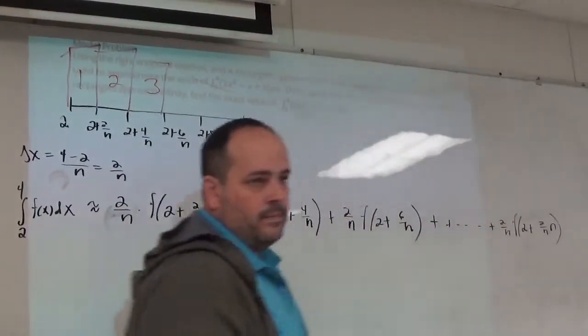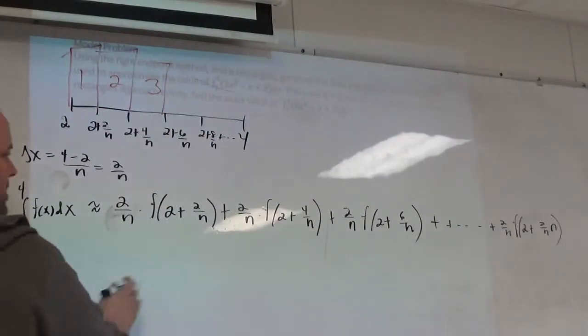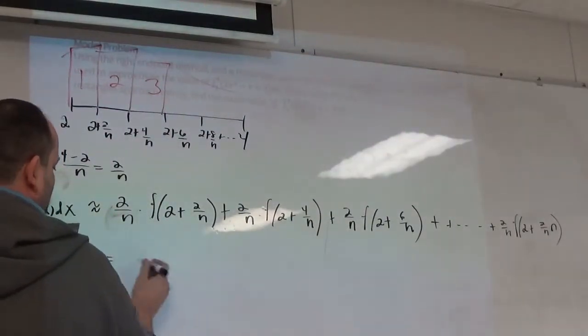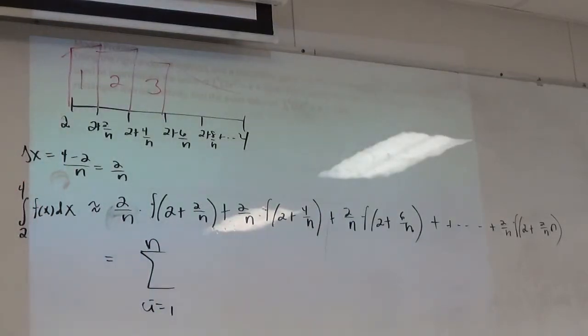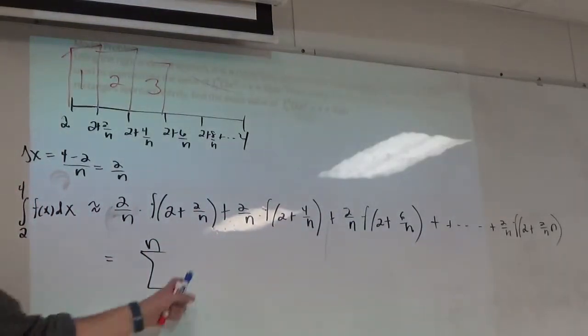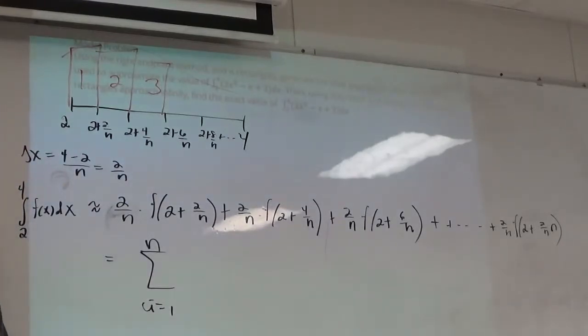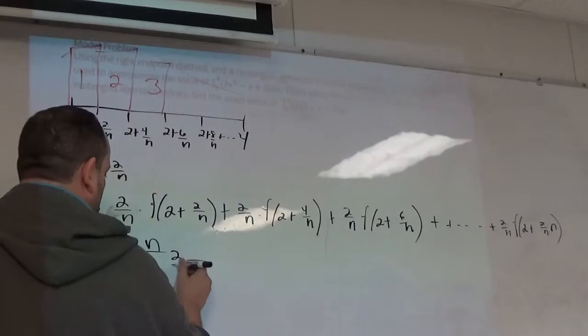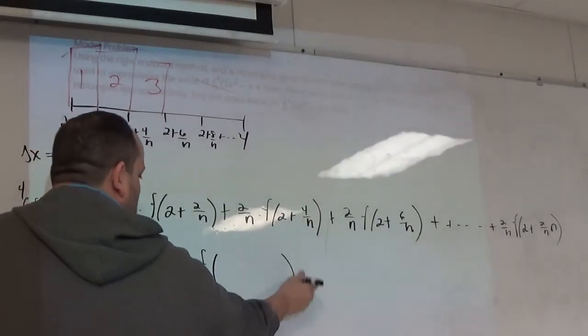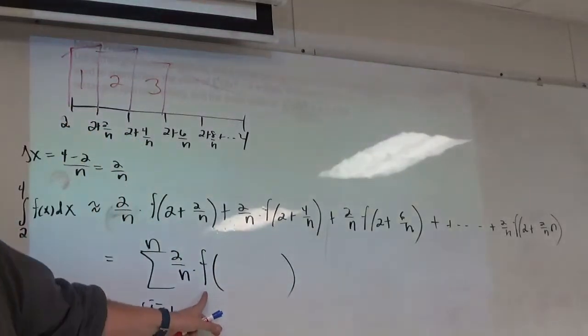Now I saw some folks who said, you know what, the heck with all that. I'm just going to go straight to this guy here. And let's just fill in all the pieces. What you need is the width. What's the width? 2 over n. And then I'm evaluating my function. And here's where mistakes started happening.